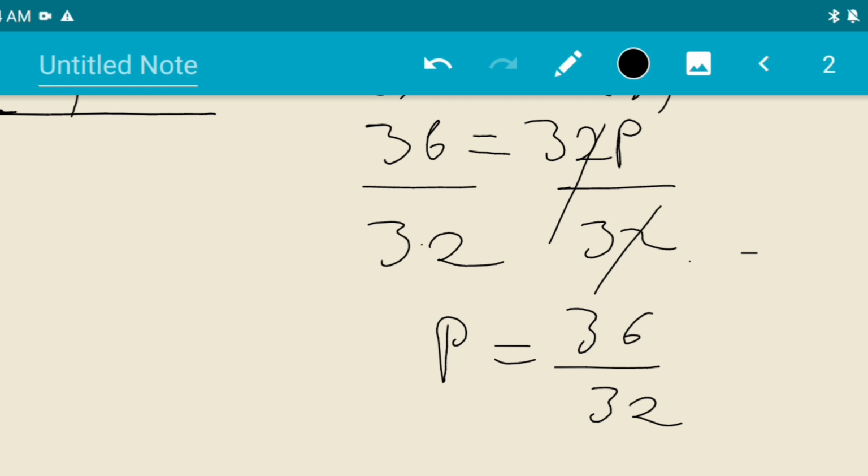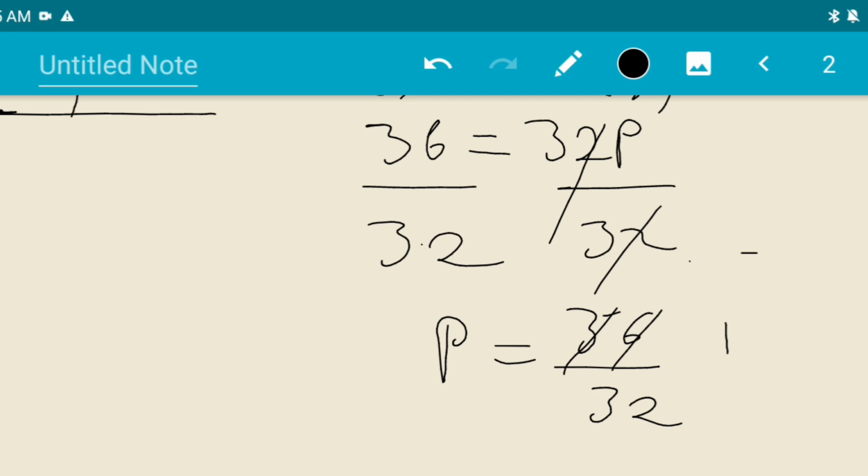Of course, we can just simplify it. You know how to simplify this.